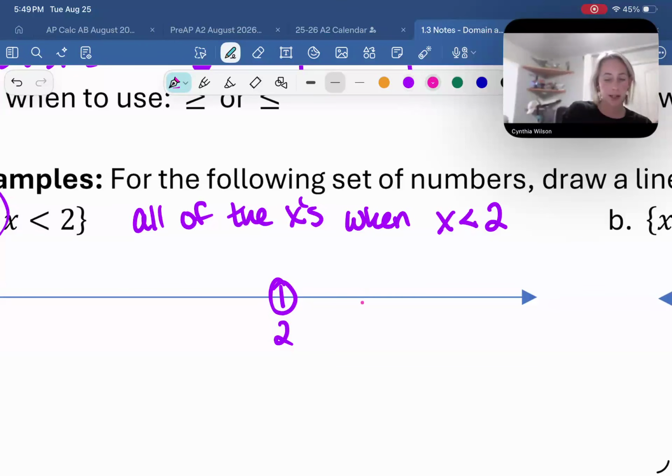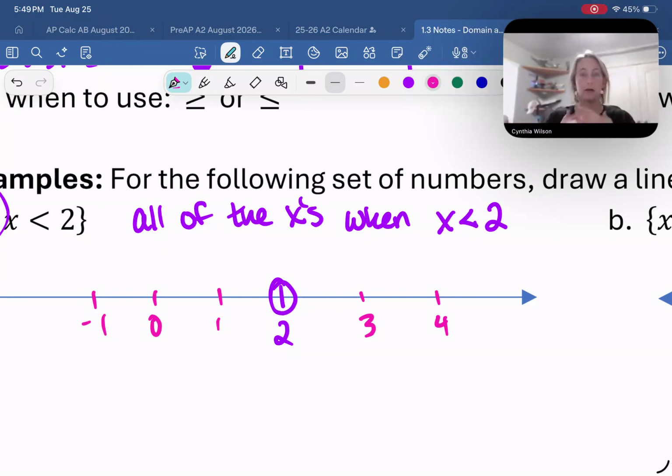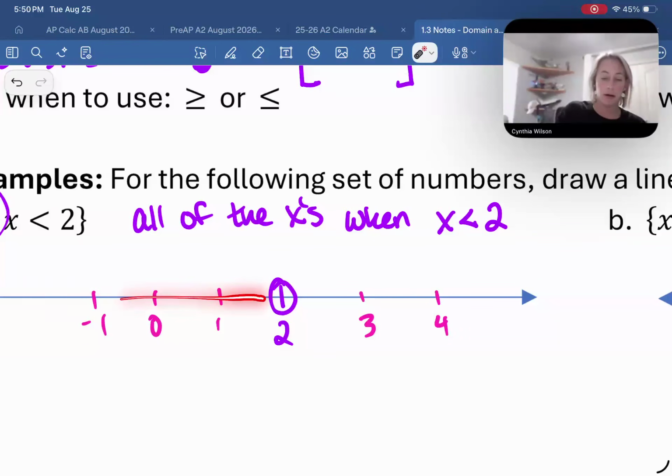On the right side, this is 3, 4, and so on. On the left side, 1, 0, -1, and so on. If I want the x's that are less than 2, that is going to be on the left side. Because the 1, the 0, the -1, and so on, all of those values are less than your 2.